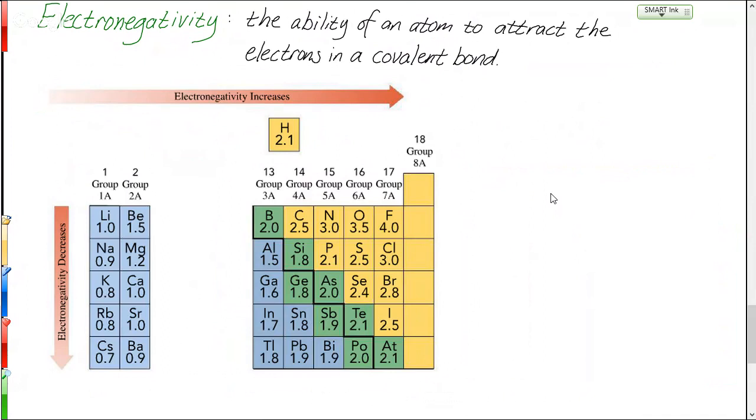It's the one with the highest value on this. And so everything else trends up toward fluorine. So the closer you are to fluorine, especially toward the top, the higher the electronegativity is going to be. So we use the difference between the electronegativity numbers to figure out what is going to happen in that bond. All right, so we did that HF one. Let's give ourselves a couple numbers to look at, and then we'll try it out.